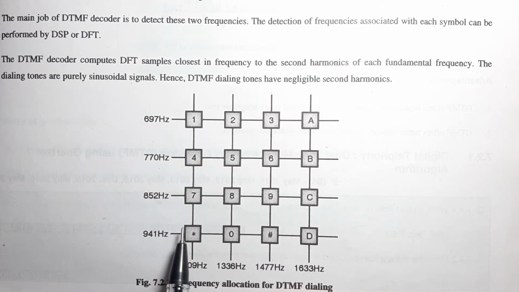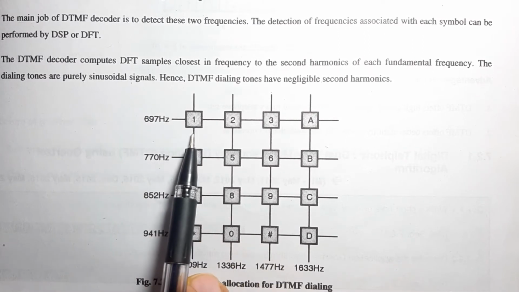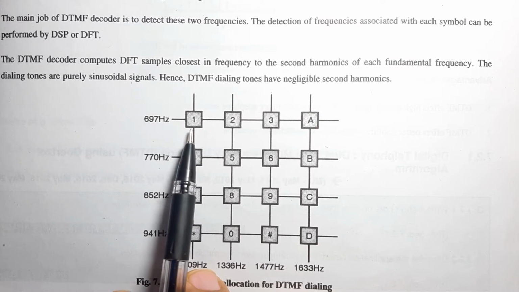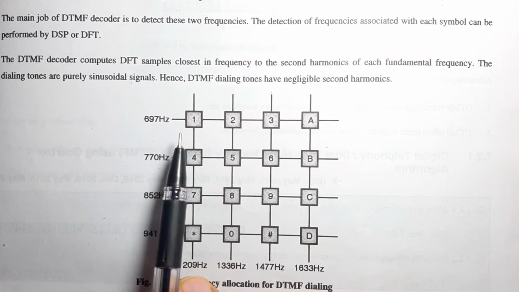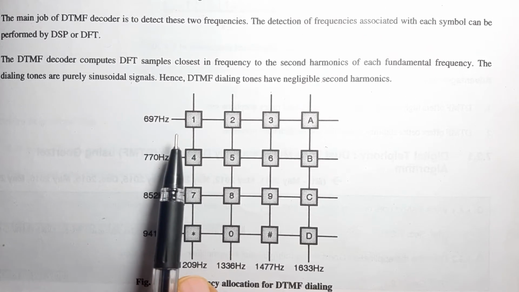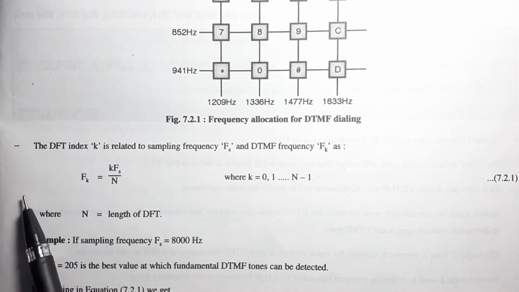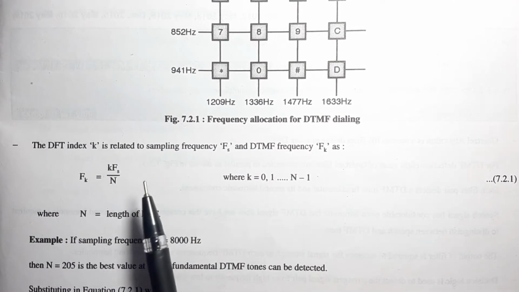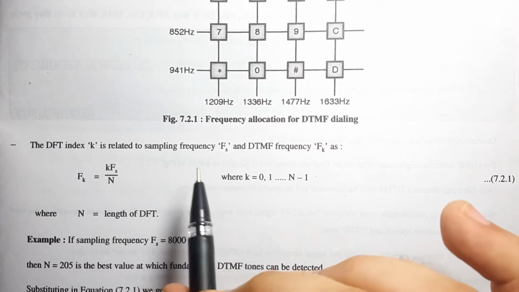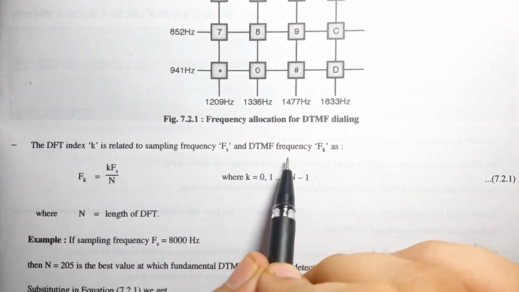Now, the dialing tones are purely sinusoidal signals. Hence, the DTMF dialing tones, the ones which you press on your keypad on your cell phone, have negligible second harmonics in actual presence.